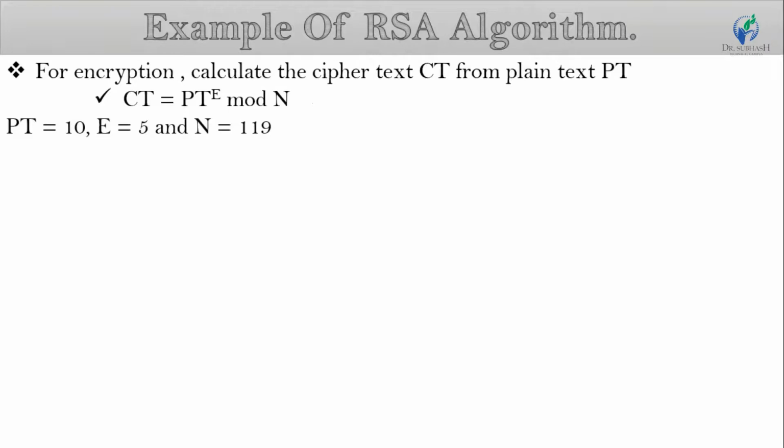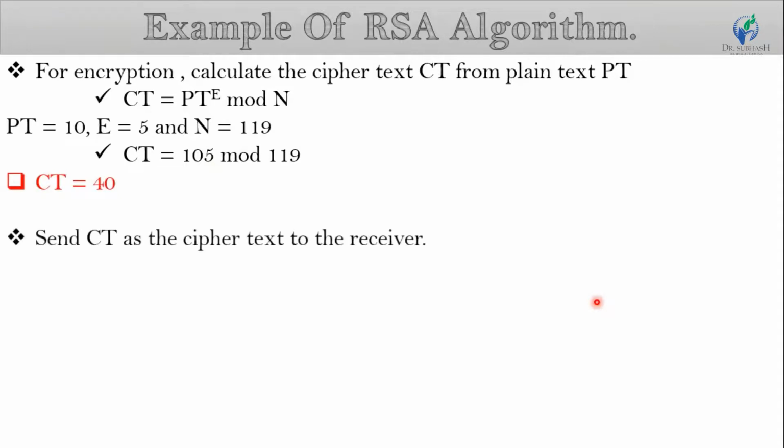So, it's like CT is equal to 10 raised to 5 mod 119. Here, 10 raised to 5. So, CT is equal to 40. Now, we send CT as the ciphertext to the receiver.